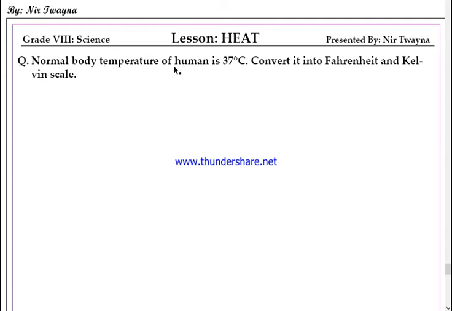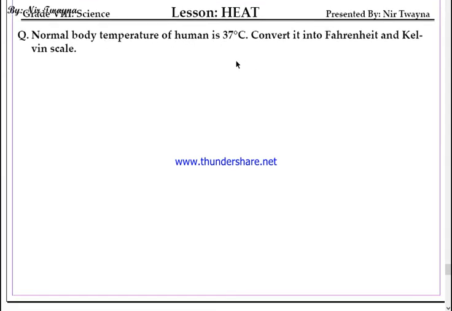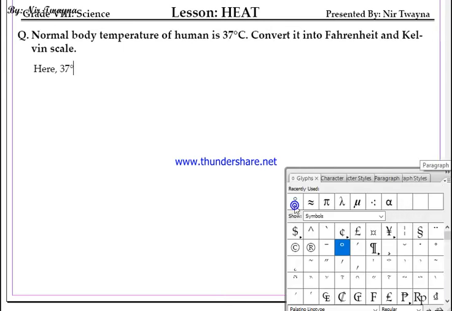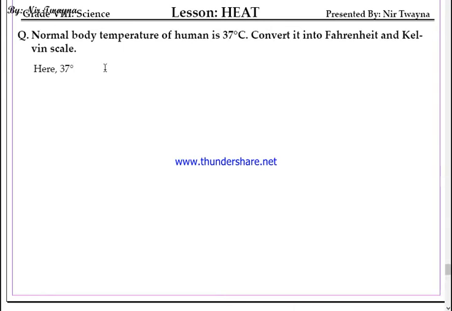Normal body temperature of a human is 37 degrees Celsius. Convert it into the Fahrenheit and Kelvin scales. Let us convert it into the Fahrenheit scale first. Here, you know that 37 degrees Celsius is equal to how many degrees Fahrenheit?